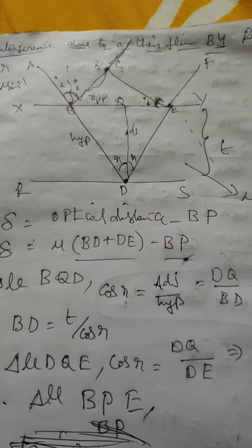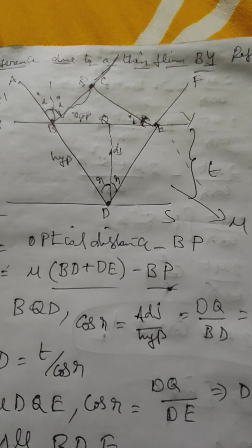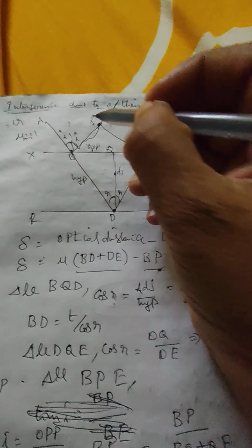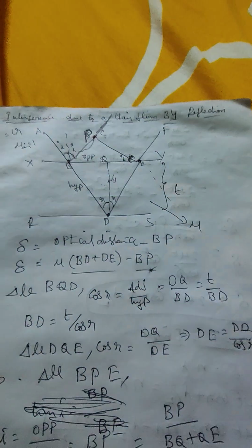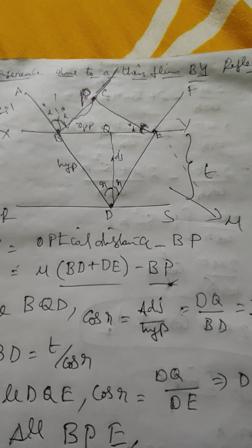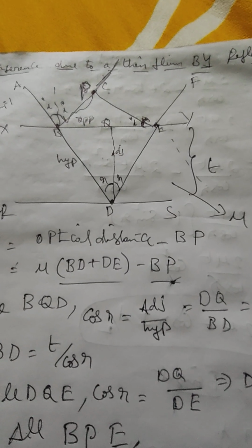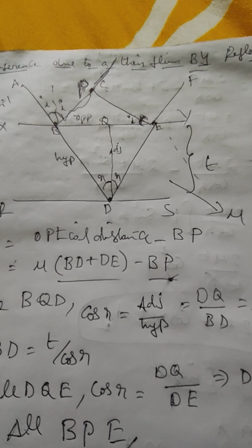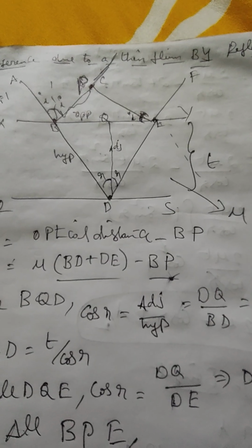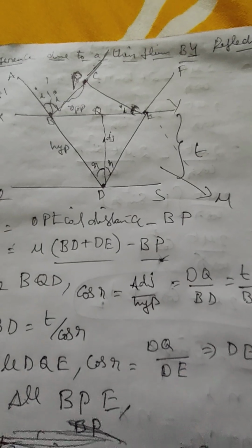BP is the path difference, and to eliminate the path difference BP, only then do those two light waves appear coherent. The first and foremost condition to exhibit interference is that the two light waves are coherent.